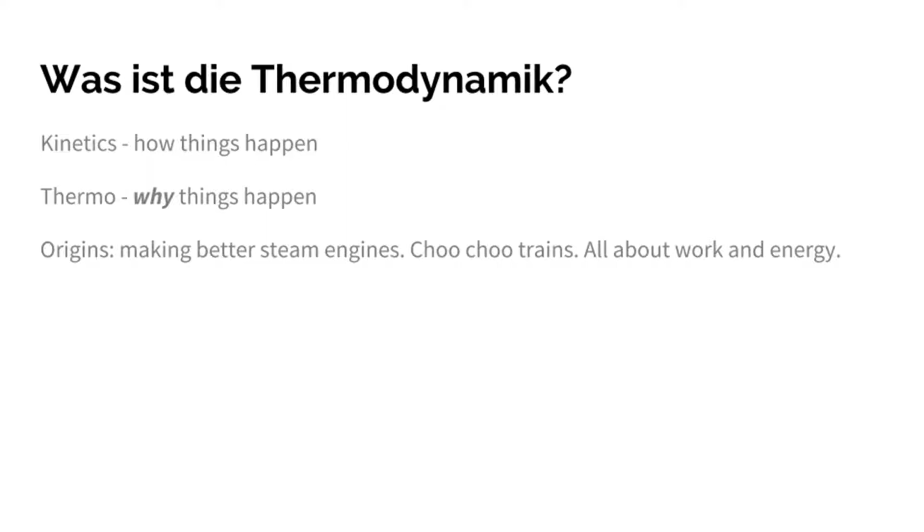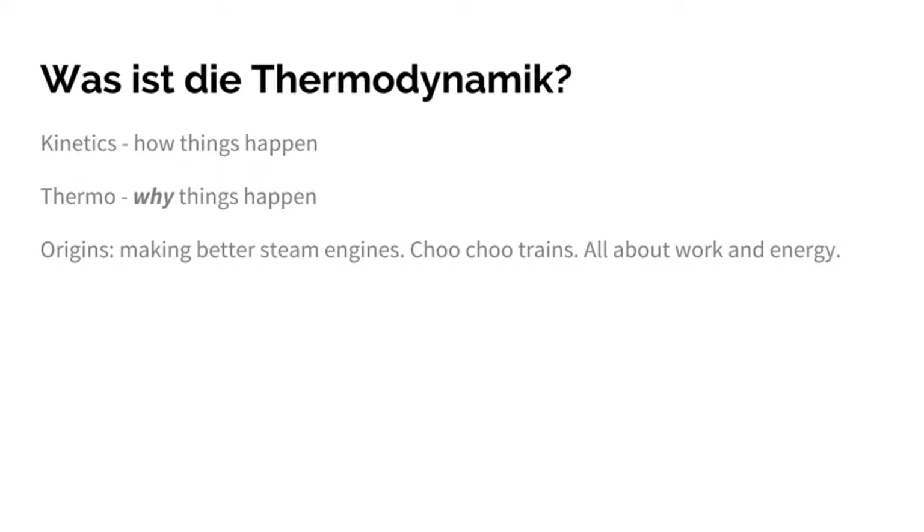Why do things proceed from reactants to products? Okay. Now, a lot of what we're going to be looking at finds its origin in the 19th century when scientists and engineers were trying to make better steam engines, trains.